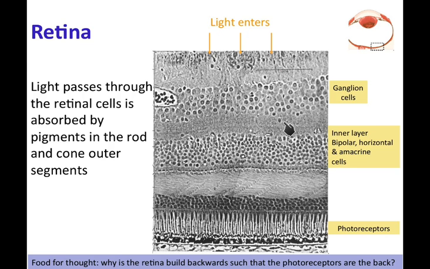But it still creates some problems because of the way that the information gets processed. Light goes here, it hits the photoreceptors, then the photoreceptors send a signal to the bipolar cells, which send signals to the ganglion cells. These ganglion cells now generate action potentials, and we need to send them to the brain.